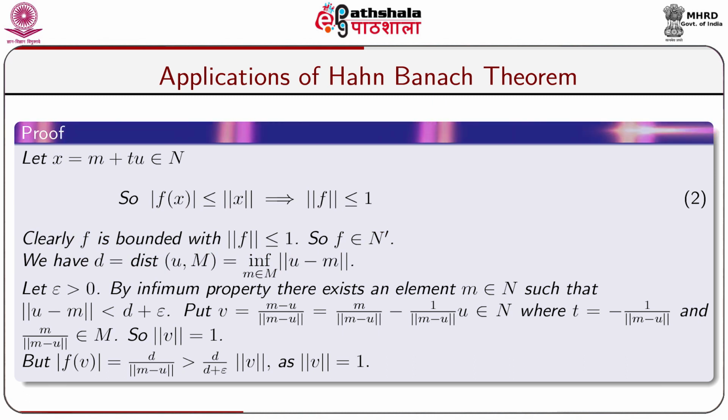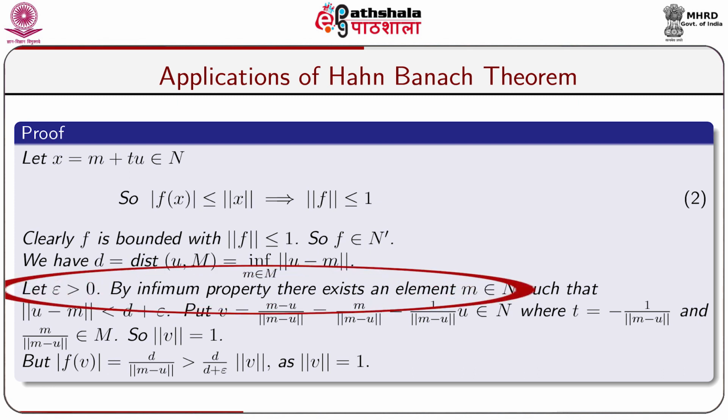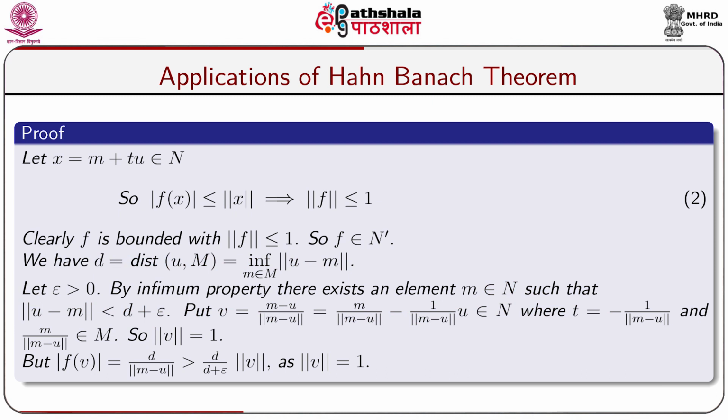We have d equal to distance of u comma M, that means distance of u comma M is equal to infimum of all such norms of u minus m, where infimum is taken over all m taken from capital M. Let epsilon be greater than 0. By infimum property, there exists an element small m belonging to capital M such that norm of u minus m is less than d plus epsilon.